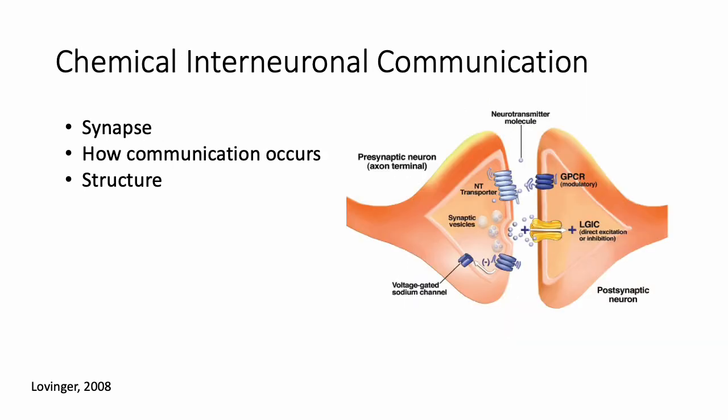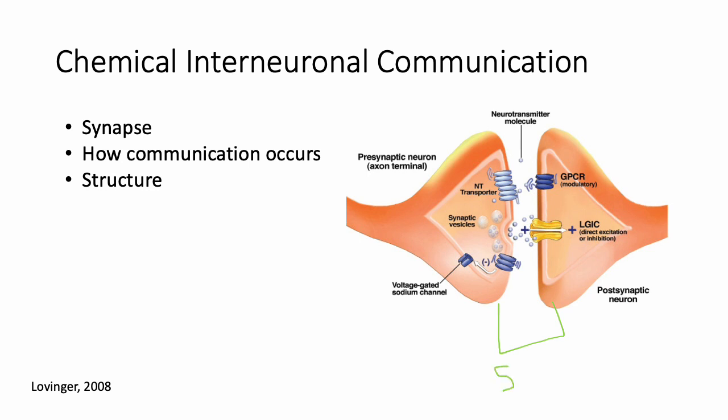Our next thing is chemical interneuronal communication. And we'll be talking about the synapse, how communication occurs, and the structure. This type of communication involves the release of a neurotransmitter from one neuron, altering the activity of the receiving neuron. The area where this communication happens is called the synapse. That is here.